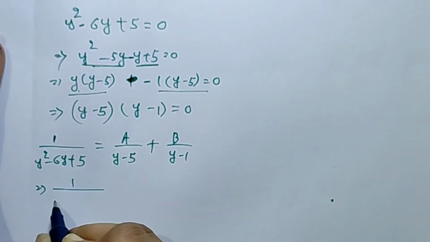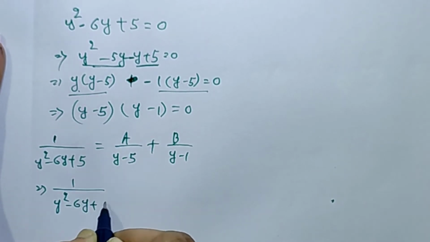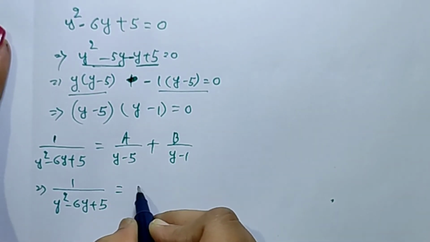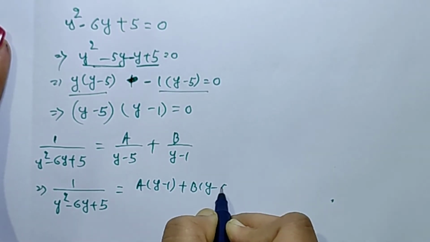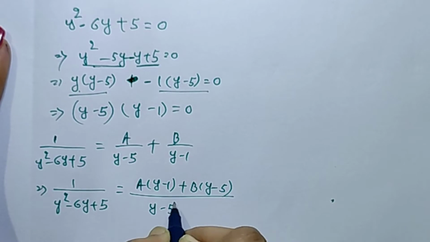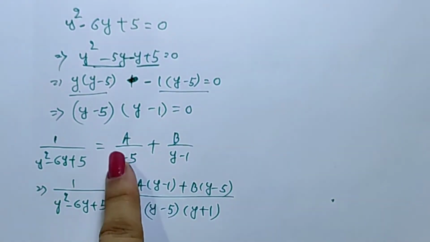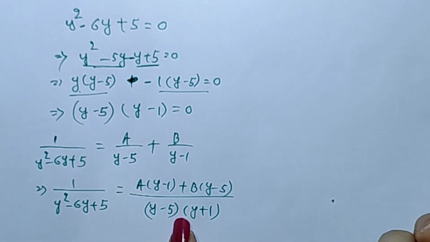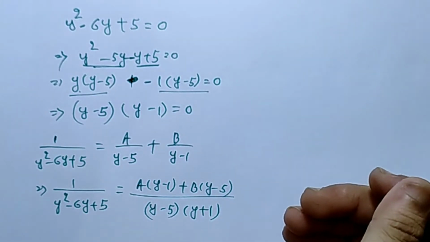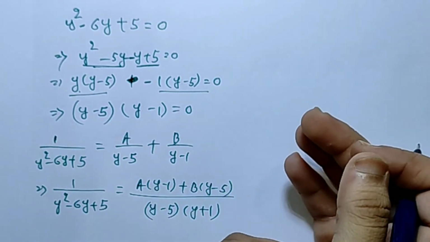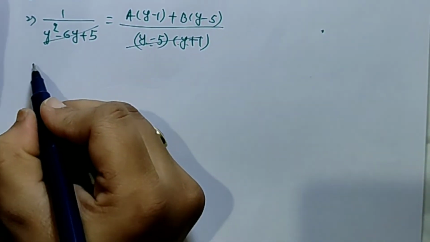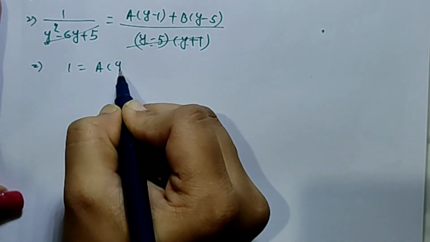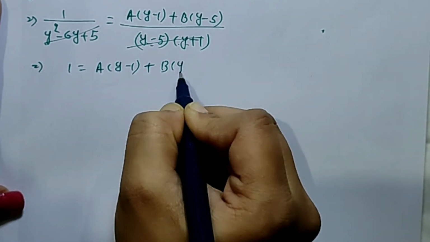Implies 1 by (y square minus 6y plus 5) is equal to a into (y minus 1) plus b into (y minus 5) divided by (y minus 5) into (y minus 1). Now taking the LCM. I have already told this in detail in previous lessons, so here I am not going to explain in detail. Now this will be multiplied to form y square minus 6y plus 5. Now cancelling out, 1 is equal to a into (y minus 1) plus b into (y minus 5).